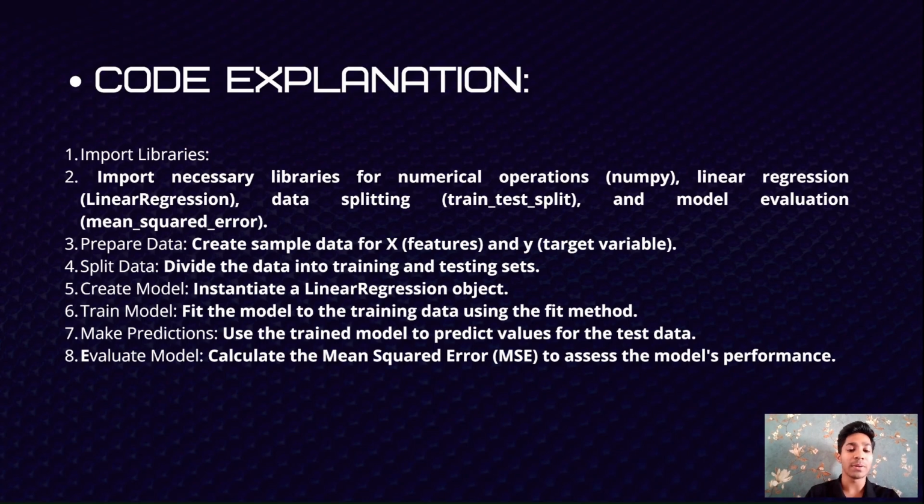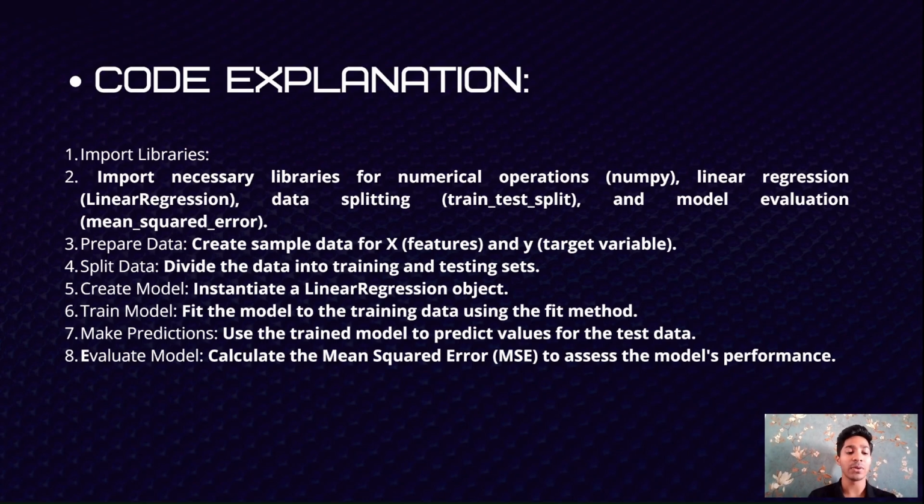In this, we create sample data for X, which is the feature, and Y, which is the target variable. Then fourth is data split. In this step, we divide the data into training and testing sets. And fifth is create model. In this step, we instantiate a linear regression object.